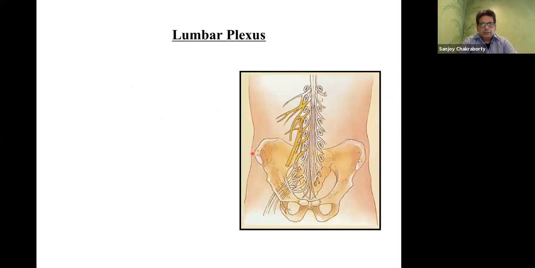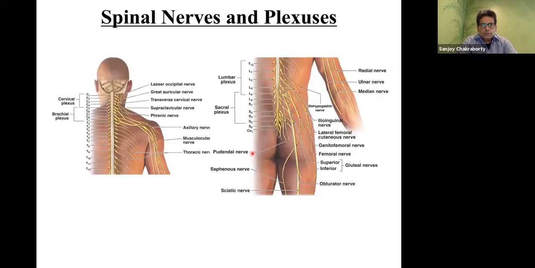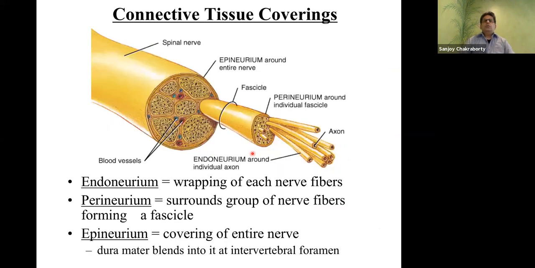Before we end, coming back one slide, which is the structure of the nerve. The reason I'm talking about this last is because you already know it. In the skeletal muscle tissue chapter, I explained that individual muscle fibers are wrapped with endomysium, then a bundle called a fascicle is wrapped with perimysium, and then epimysium.